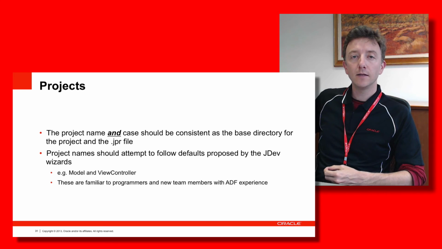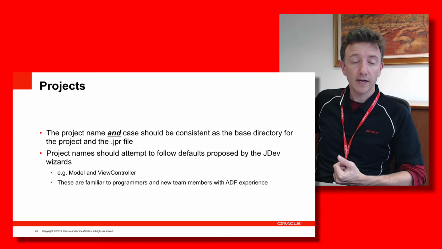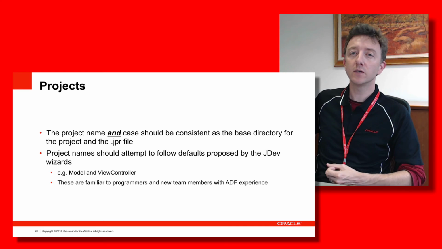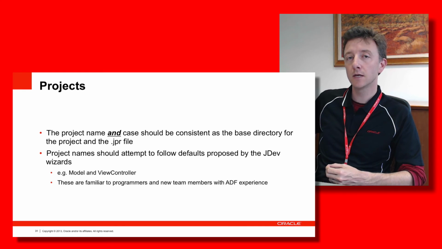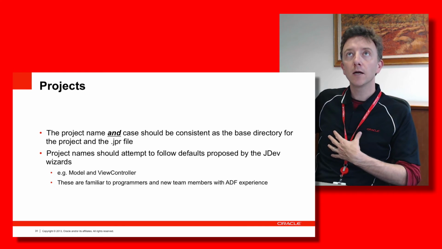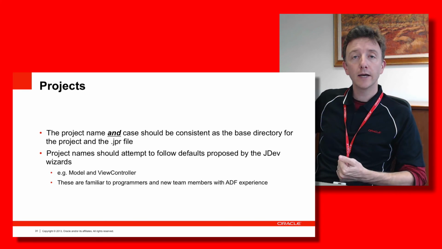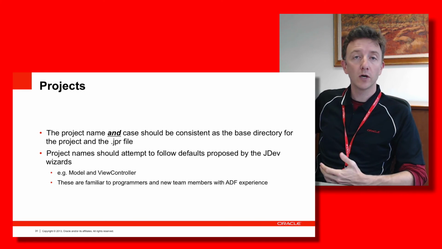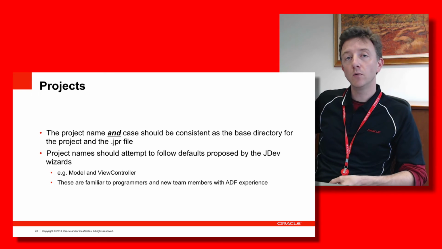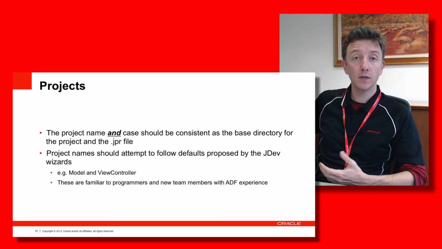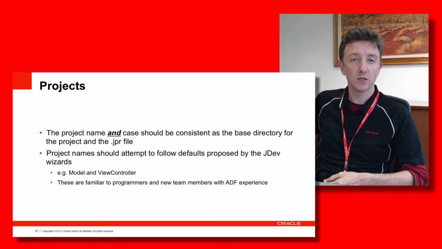Now, if you've looked at the demo applications created by product management and other Oracle staff in the past, you know we break that convention. We have all sorts of different names for our different projects. But imagine I'm a project team leader, a technical team leader, and I'm hiring in new staff to work on my ADF applications. What project names are they going to be more familiar with? Those that JDeveloper proposes, or those that some team has just made up themselves?